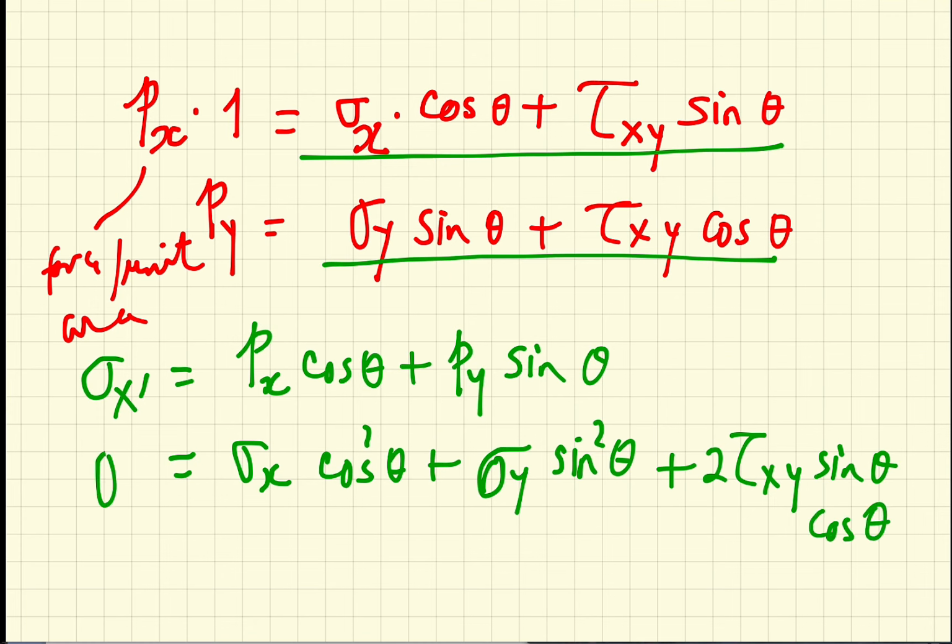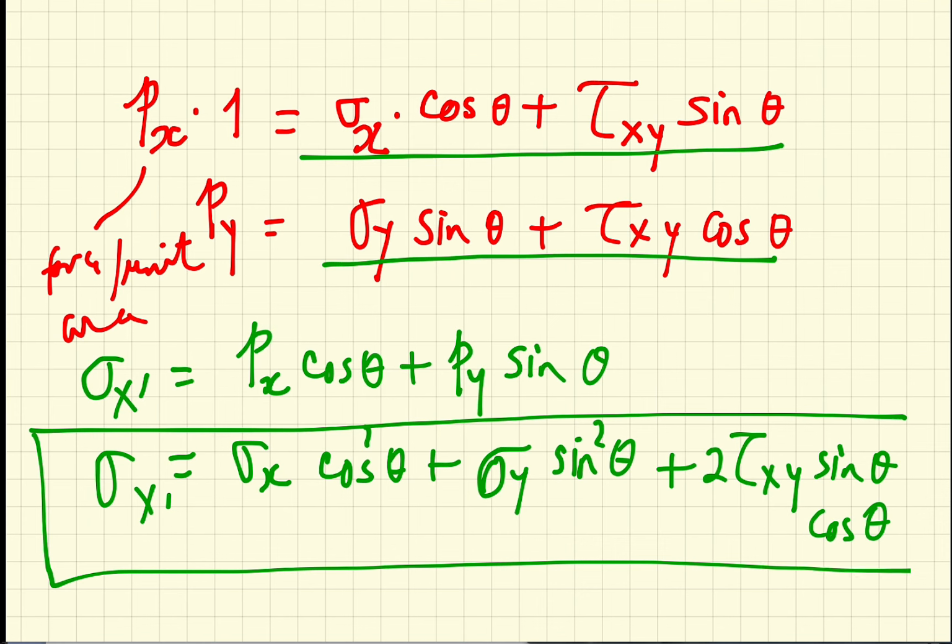And that is basically the transformation equation that we're looking for, transforming from the coordinate system x and y to a new coordinate system x prime and y prime. So this is one equation for x prime.